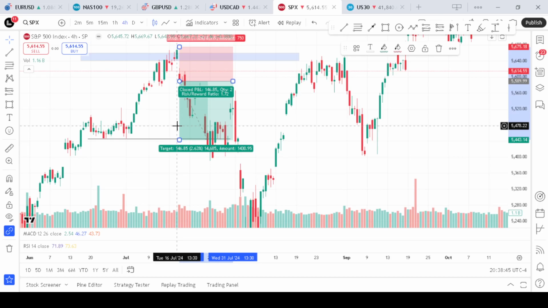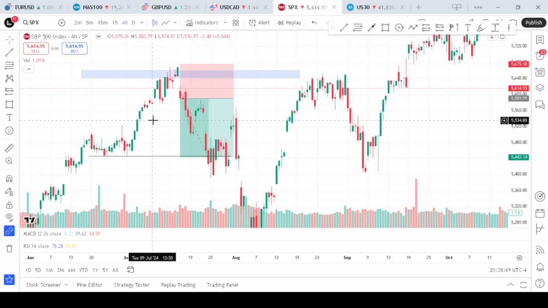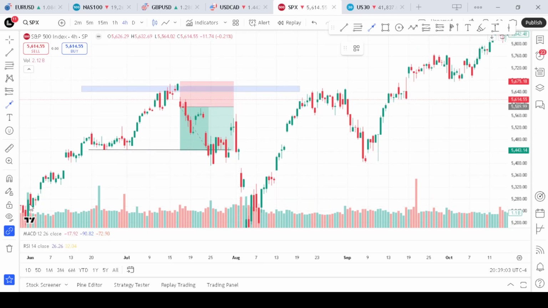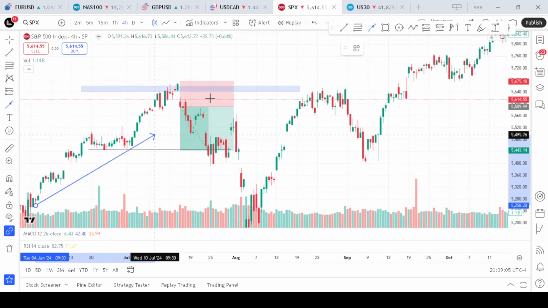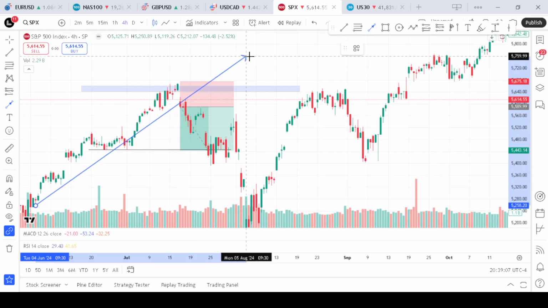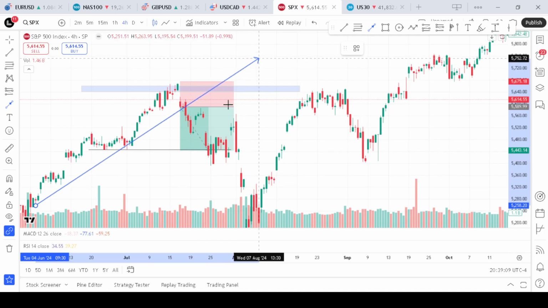Now let's see some practical tips to enhance your trading strategy. We have to combine this dumpling top pattern with other indicator tools. For instance, you can use the trend line to confirm this dumpling pattern.